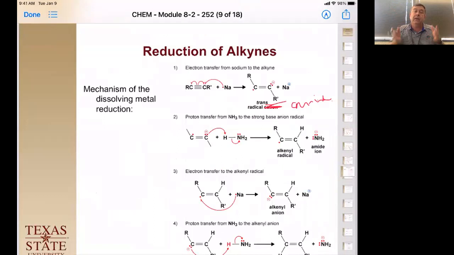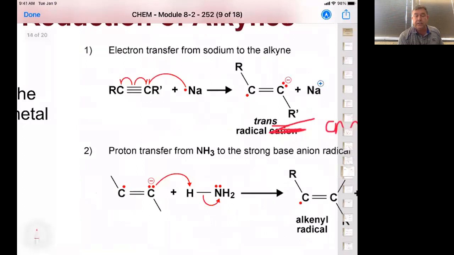So here's what's happening. That sodium is going to lose an electron, become sodium plus 1. That electron is going to add to the triple bond. When it does that, we have a radical addition, a single electron addition here, that splits one of the double bonds with an electron moving to each one, and we end up with this trans radical anion.